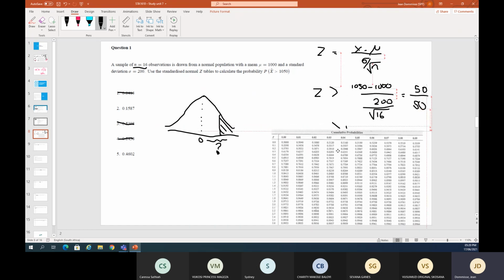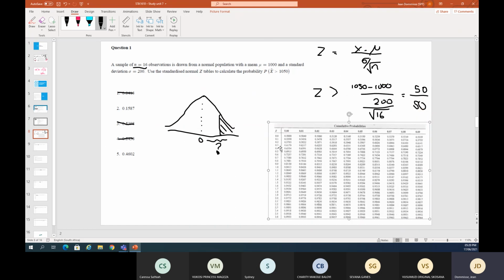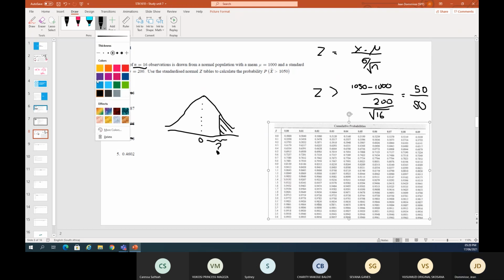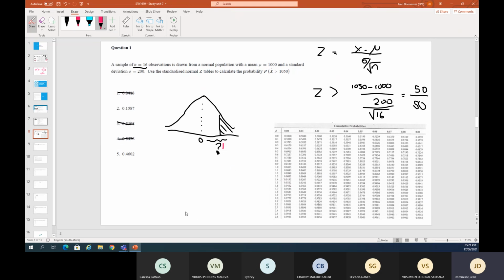Okay, so I'm looking for Z bigger than 1. Let's use a different color. Okay, Z bigger than 1.